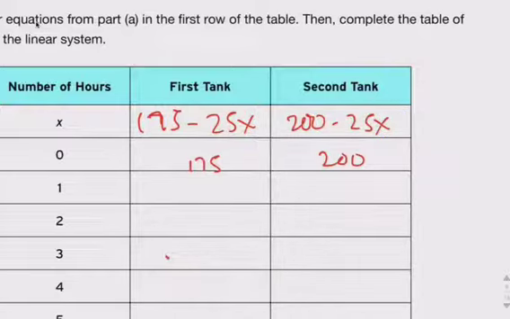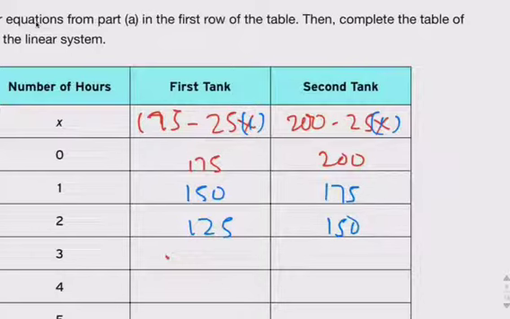Now 1 hour times 25 is 25, right? 25 in both. 200 minus 25 is 175 and 175 minus 25 is 150. Then 2 hours is 50, so you minus 50, it's 125 and 150. Notice it's going down 25 each time.